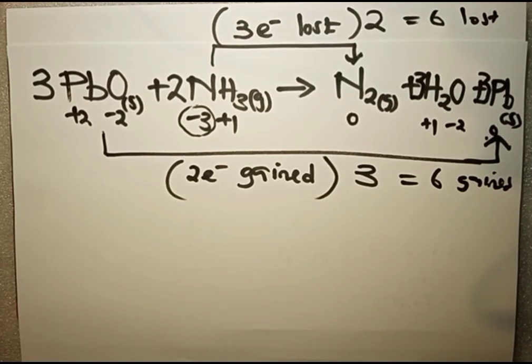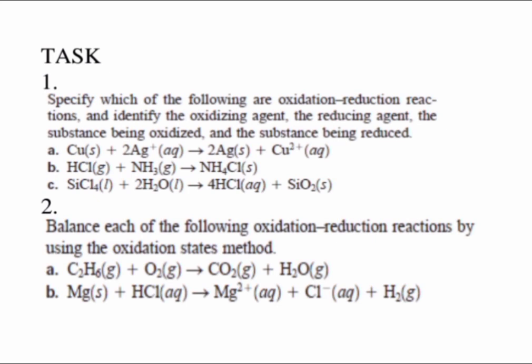We have a task here. Okay, there's task 1. The question says, specify which of the following are oxidizing or oxidation reduction reactions and identify the oxidizing agent, the reducing agent, and the substance being oxidized and the substance being reduced.